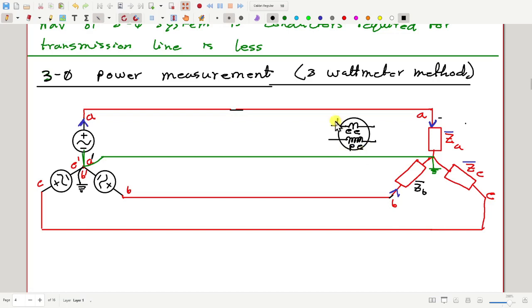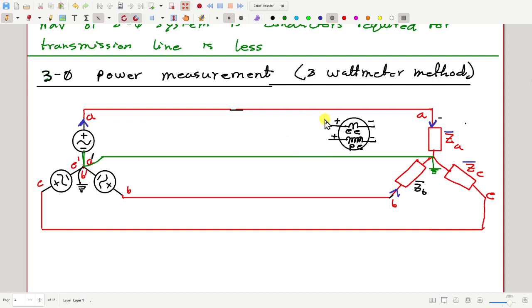Suppose this side is plus, this side is minus. We want to measure power consumed in ZA. So we have to measure current flowing through ZA and voltage across ZA. For your ease, let me give some names to these points.